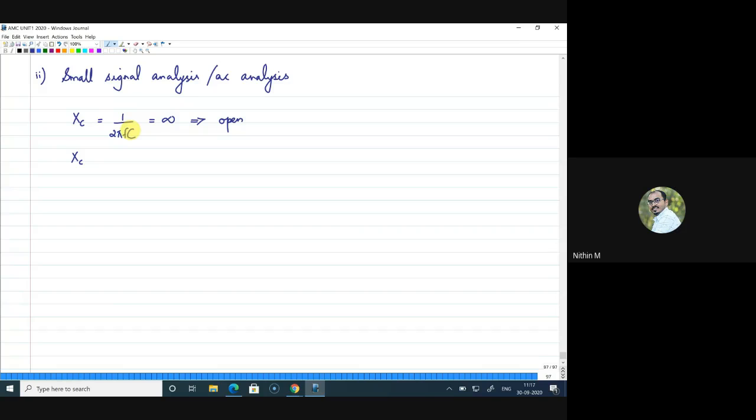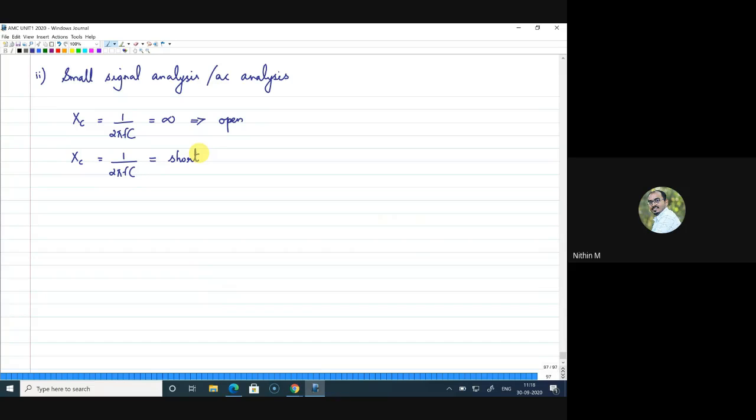Mid frequency is not towards the very high range, not towards the very low range. For mid frequency, 1 by 2 pi FC, F is not 0, F is a large value. As F increases, capacitive reactance will definitely reduce. And for mid-frequency analysis, we will consider the capacitance acts as a short circuit. The reactance will be small. It is not 0, but we consider it as short for the ease of our analysis.